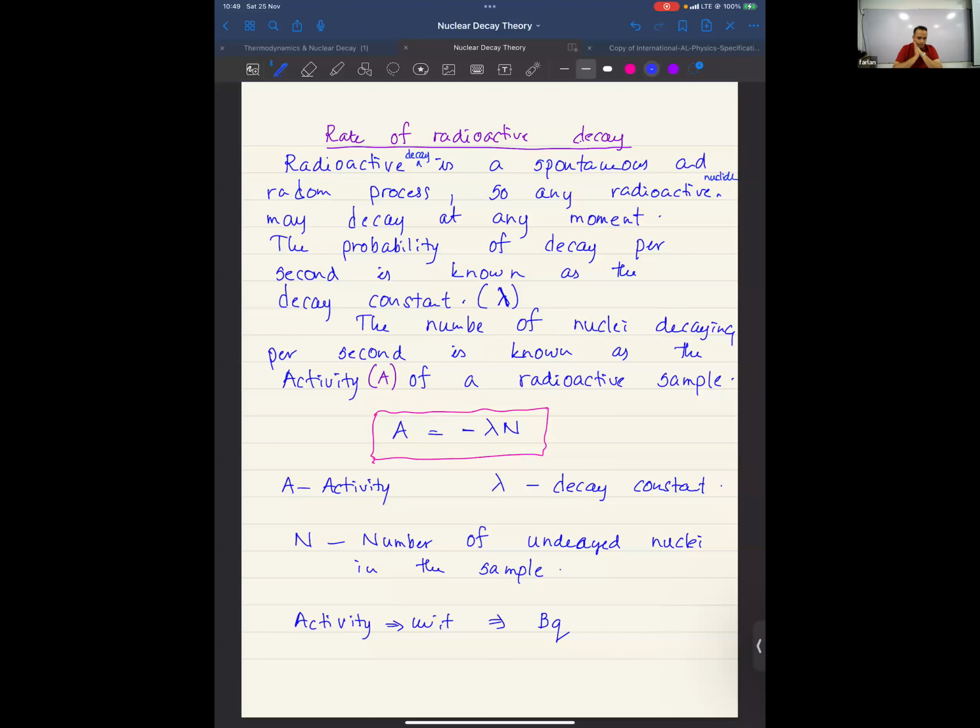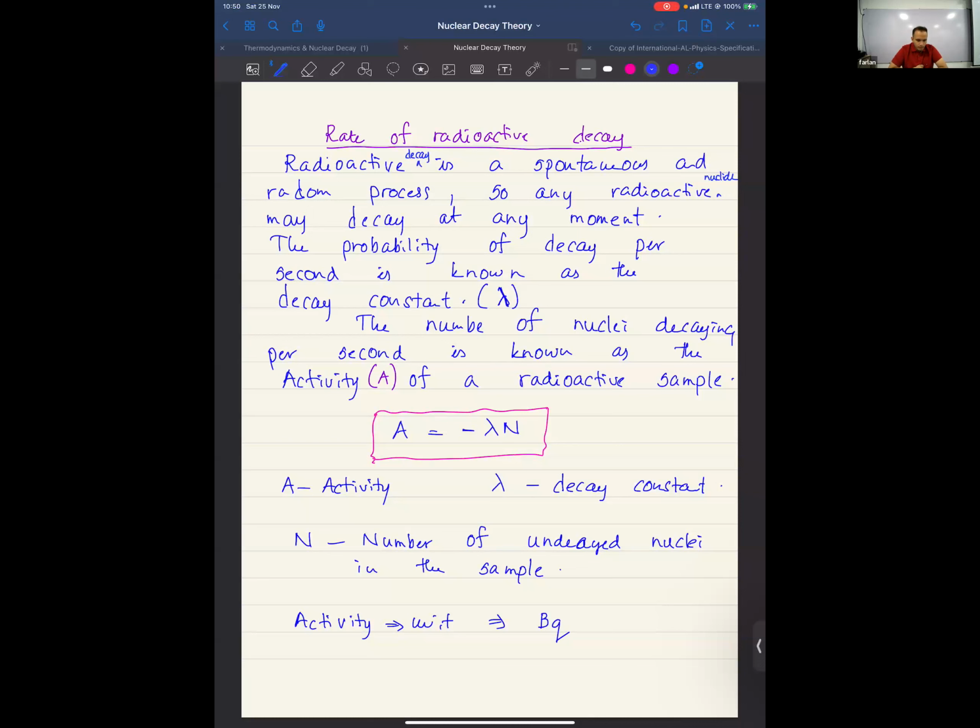Full stop. The probability of decay per second is known as the decay constant, within brackets lambda.